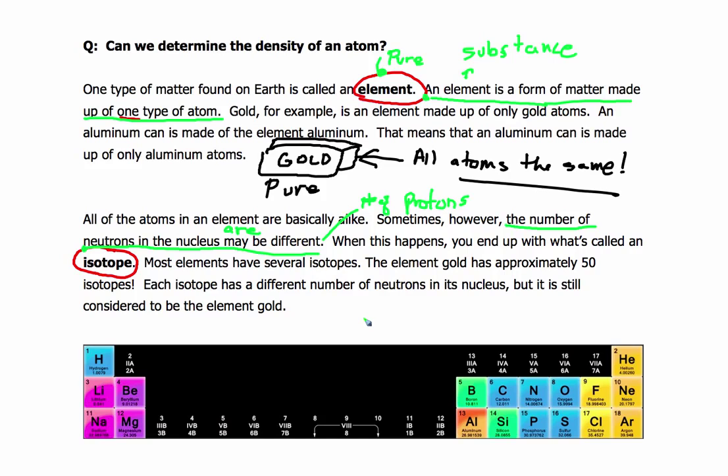So there's 18 elements: hydrogen, helium, lithium, beryllium, boron, carbon, nitrogen, oxygen, fluorine, neon, sodium, magnesium, aluminum, silicon, phosphorus, sulfur, chlorine, and argon. You'll need to come to have a pretty good understanding of what the atoms look like for these elements.